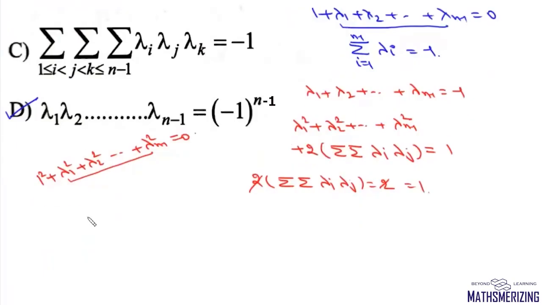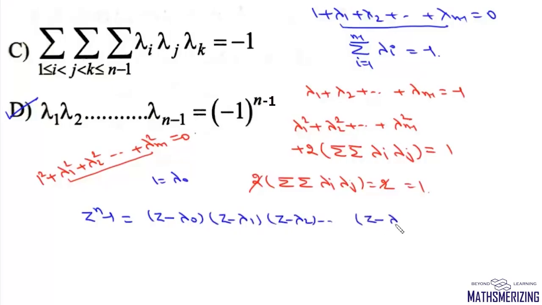Now we know that z to the power n minus 1 will be equal to z minus 1, and let us take this 1 as lambda naught. So we can write this as z minus lambda naught into z minus lambda 1, z minus lambda 2 up to z minus lambda n minus 1.